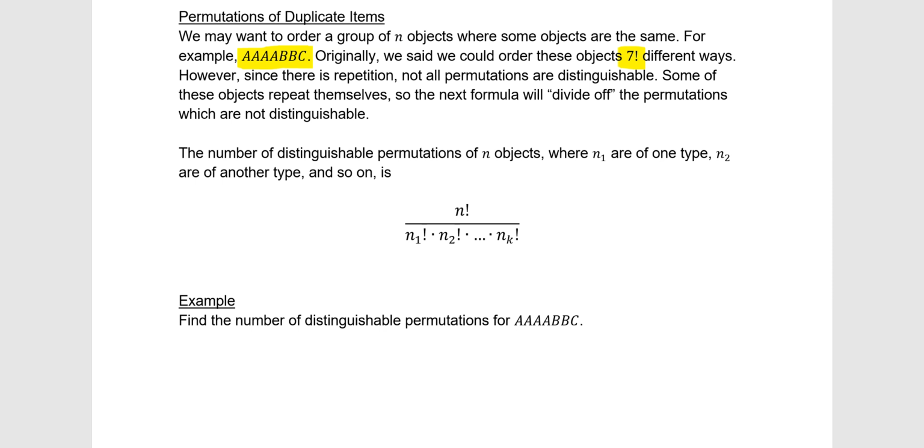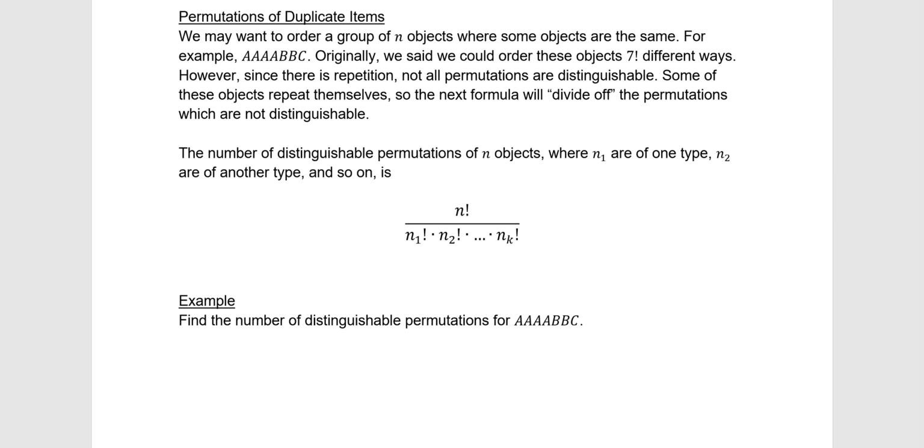Since some of these objects repeat themselves, this next formula is going to essentially divide off the permutations that are not distinguishable. This next formula is our duplicate items, or distinguishable permutations, formula.